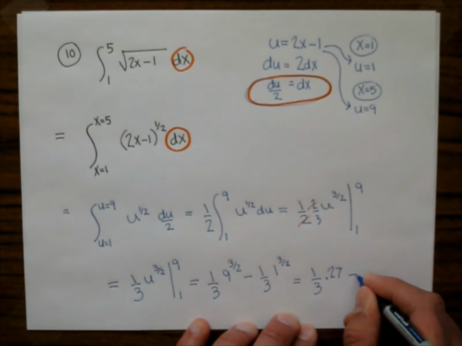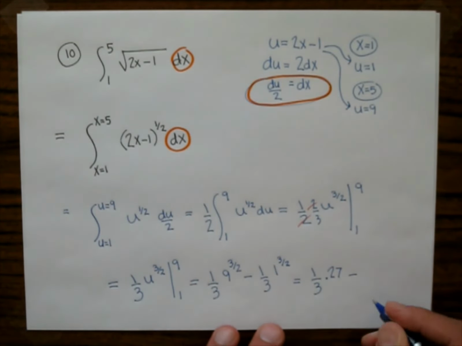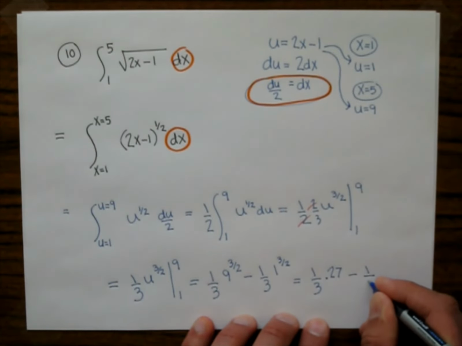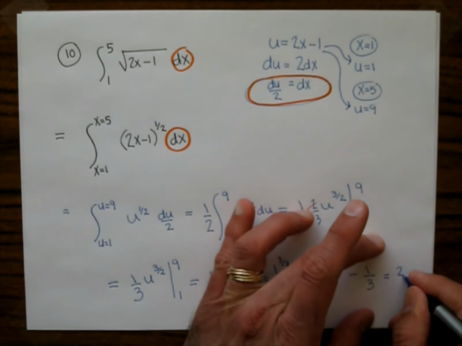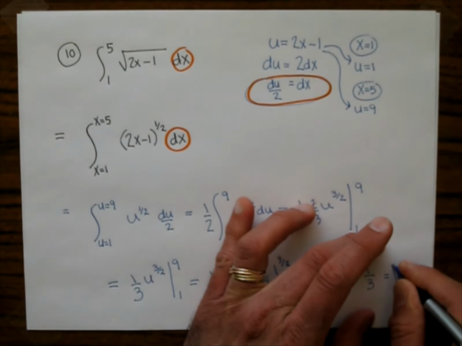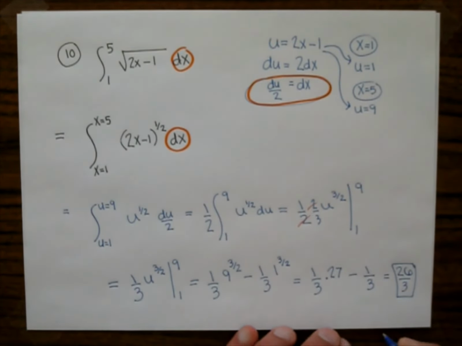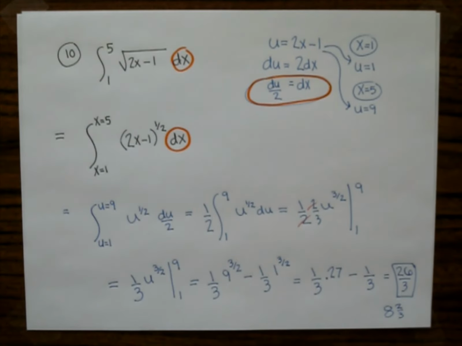And then this one here is going to be, square root of 1 is 1, 1 cubed is 1. This is going to be 1/3. Now I can write this as 9 minus 1/3, or 27 thirds minus 1/3 happens to be 26 thirds. There's my final answer. And that could also be written as 8 and 2/3. Okay, both are legitimate answers.